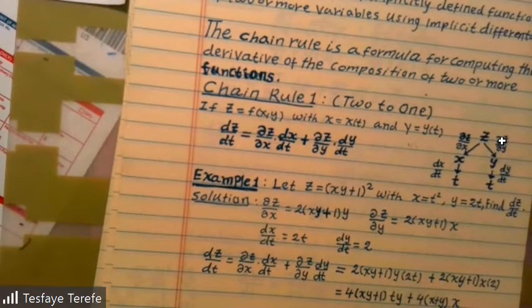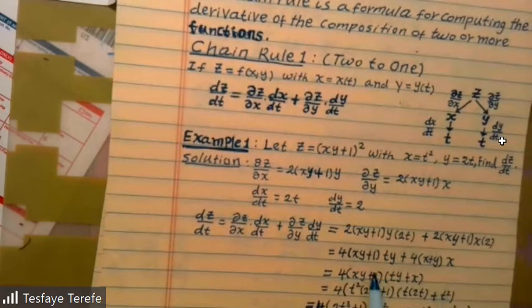So if you look here, you have the terms with (xy plus 1) and (xy plus 1). I can take out the common factor. And you have 2 times 2, which is 4.